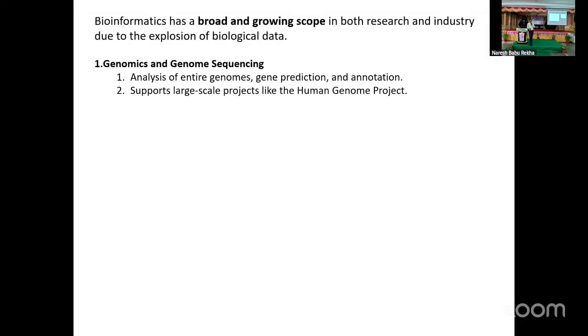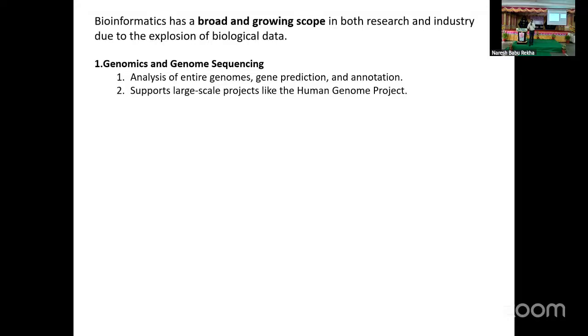Is bioinformatics required today? Yes, bioinformatics is required. Bioinformatics plays a crucial role in advanced and HTS studies. For example, you have genomics and complex diseases.